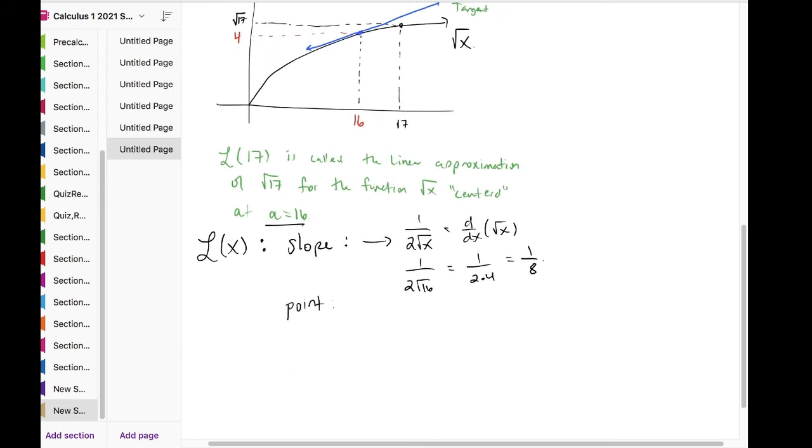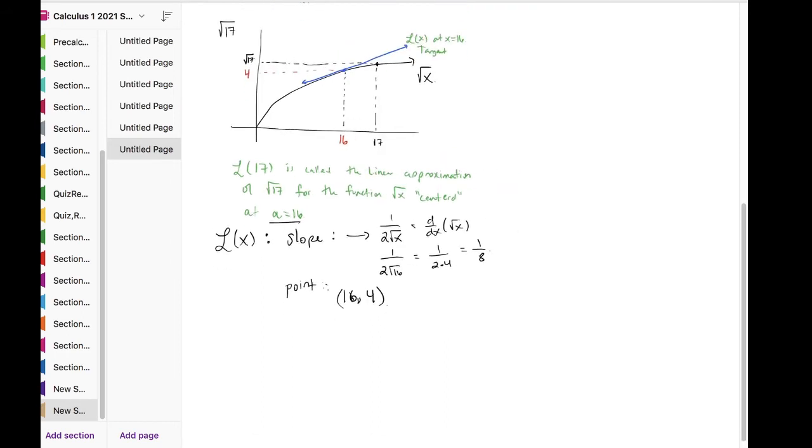And what's the point? Well, it's exactly 16, 4. So what is the L of x? L of x minus 4 is equal to the slope times x minus 16.